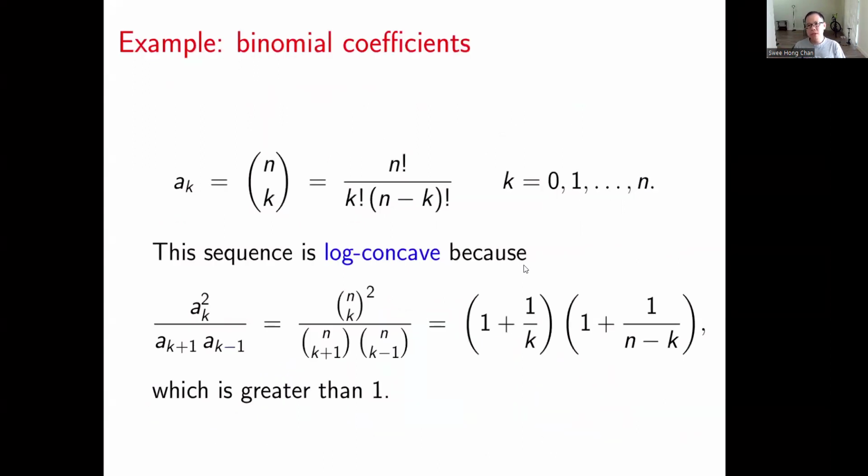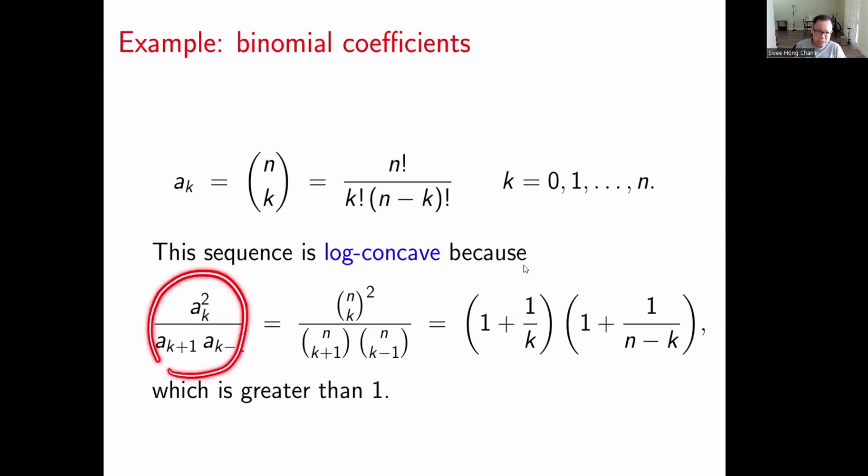Okay. And the quintessential example of a log concave sequence is the binomial coefficients. Here n is fixed and k ranges from 0, 1 up to n. And this sequence is log concave because, well, you can simply verify this by direct computation.